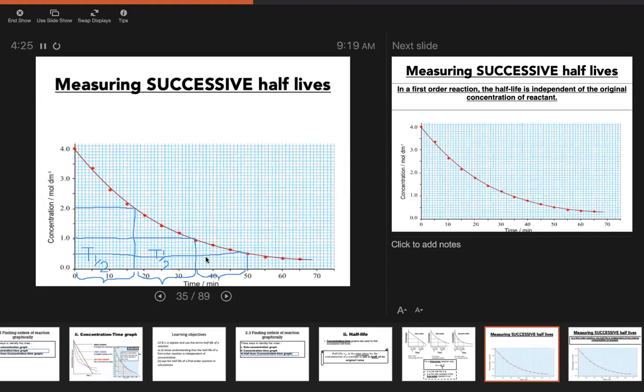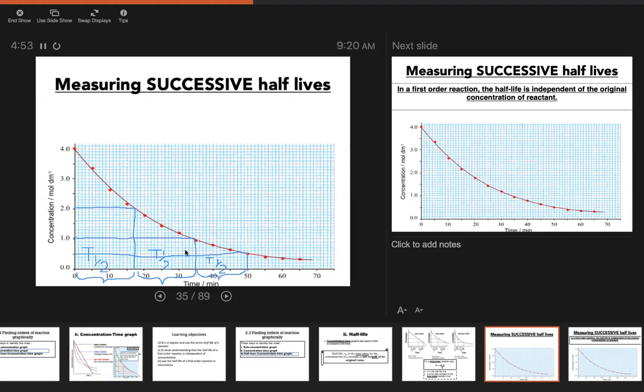So now I have 3 successive half-lives. This is what I mean by successive half-lives. It's continuous, okay? From 4 to 2, this is the time. From 2 to 1, this is the time. From 1 to 0.5, this is the half-life, okay?